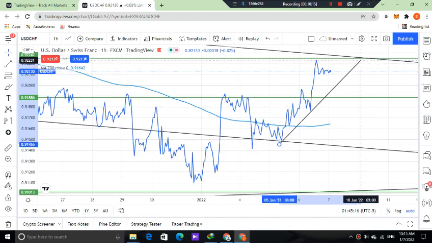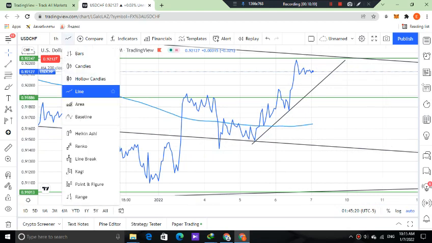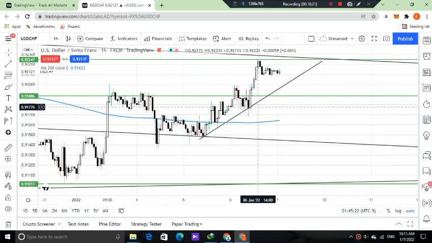If you wanna draw your lines more precise, you can always use this line chart.